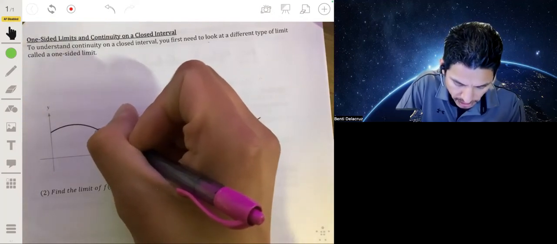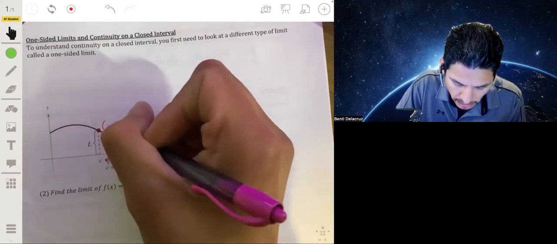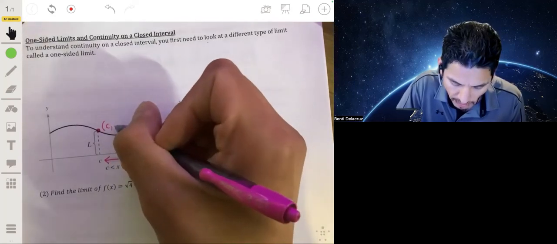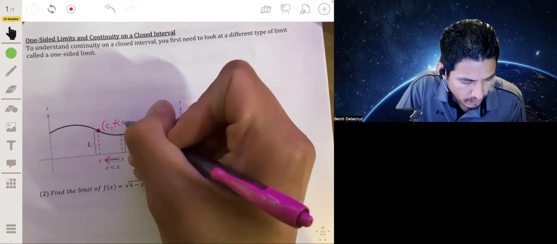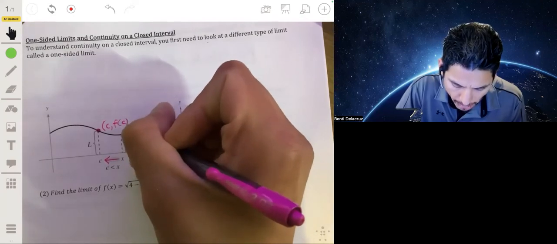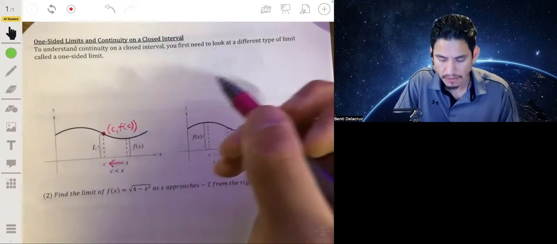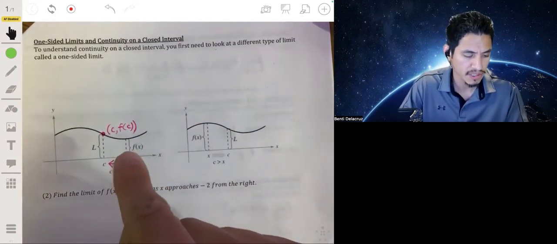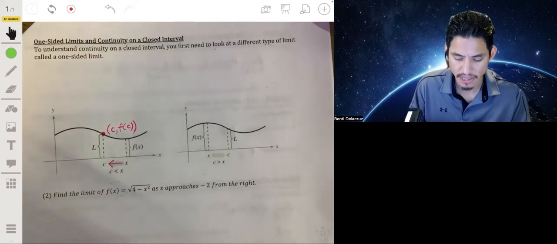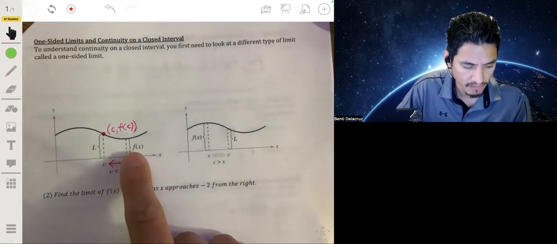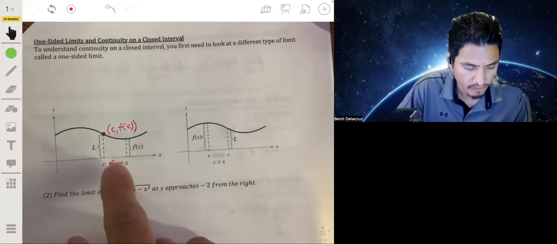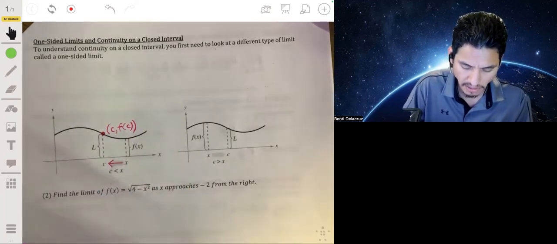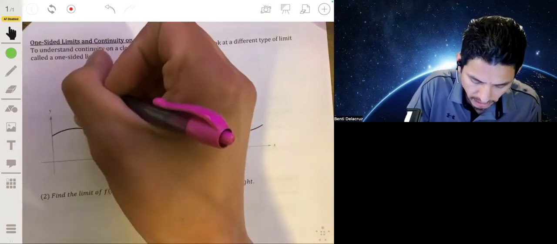So we can say that this is the point c, f of c, and we can see f of c is equal to L. So how do we say this? Well, what we say is that the limit of f of x as x approaches c from the positive side is equal to L. Let's write this formally.